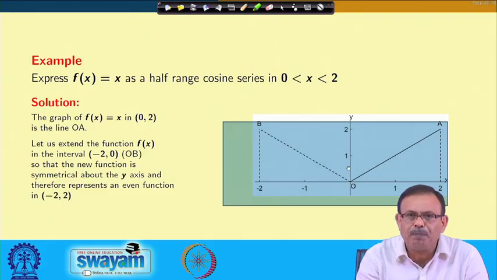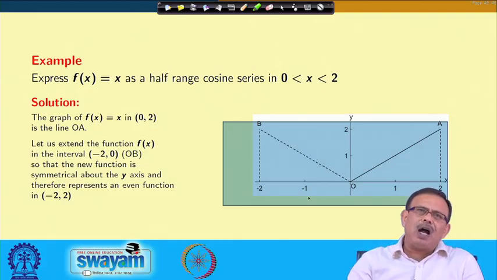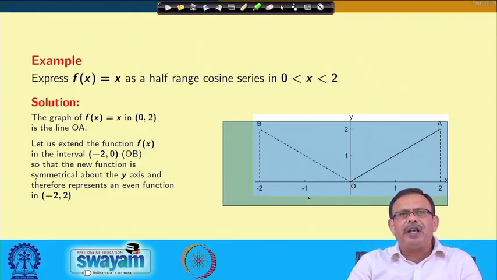And please note one thing, whether I am expressing f x equals x as a half range sine series or half range cosine series, the nature of the function in 0 to 2 will remain same, because the graph of the function is same in 0 to 2, and in 0 to 2 minus 2 only I am changing the nature of the function. In one case I am describing it as an even function, in other case I am describing it as an odd function.